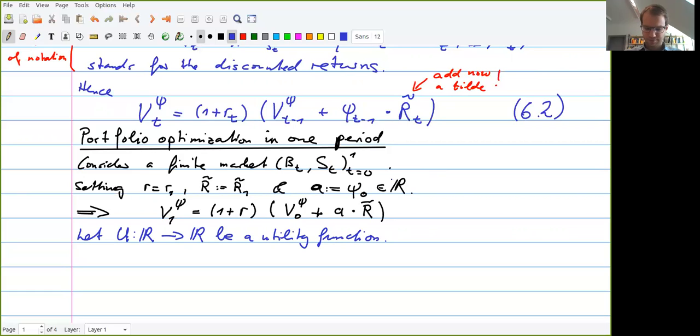And of course, I need to decide what my initial capital is. So I also have an initial capital, which I want to invest in the market in the smartest possible way.